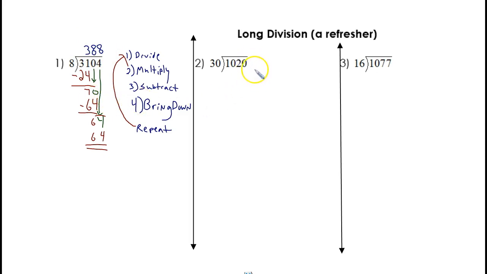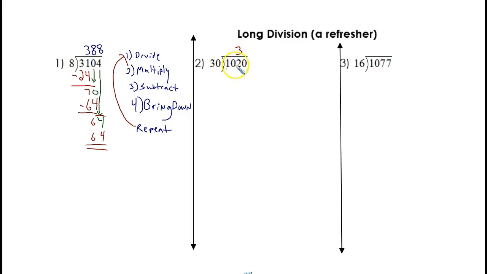Let's look at a few more long division problems and just try to remember it. When I look at 30 dividing into 1020, I know that 30 doesn't go into 10, so I'm going to look at 102. How many times does 30 go into 102? I can look at the 3 and the 10 and say, well, 3 goes into 10 3 times, so 30 probably goes into 102 about 3 times, and I would try that out.